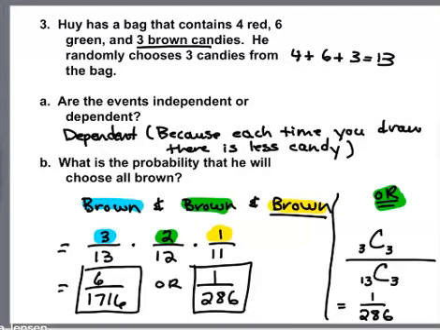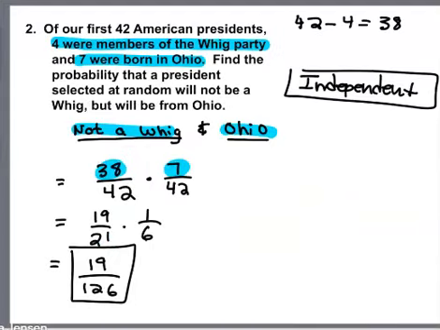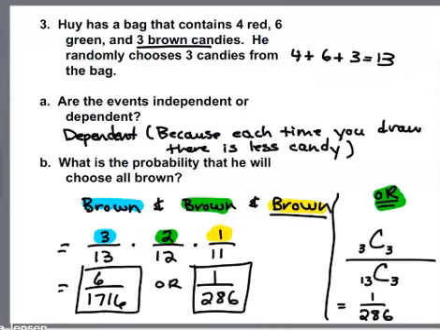That was when we were talking about an AND problem, getting a brown, then a brown, then a brown. It was not a brown or a brown. In that case, you multiply them and you want to think, are they independent or dependent? So a lot of information, but those are compound events.